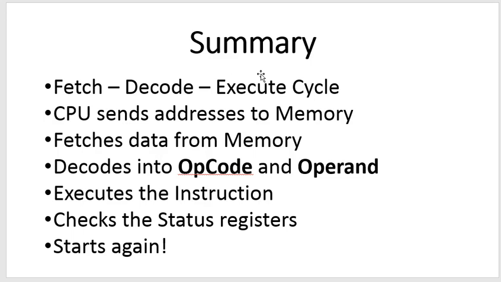And then it all starts again. So the CPU sends addresses to the memory, fetches the data from the memory, decodes the instruction into opcode and operand. The instruction is executed. We check the status registers, and it all starts again.